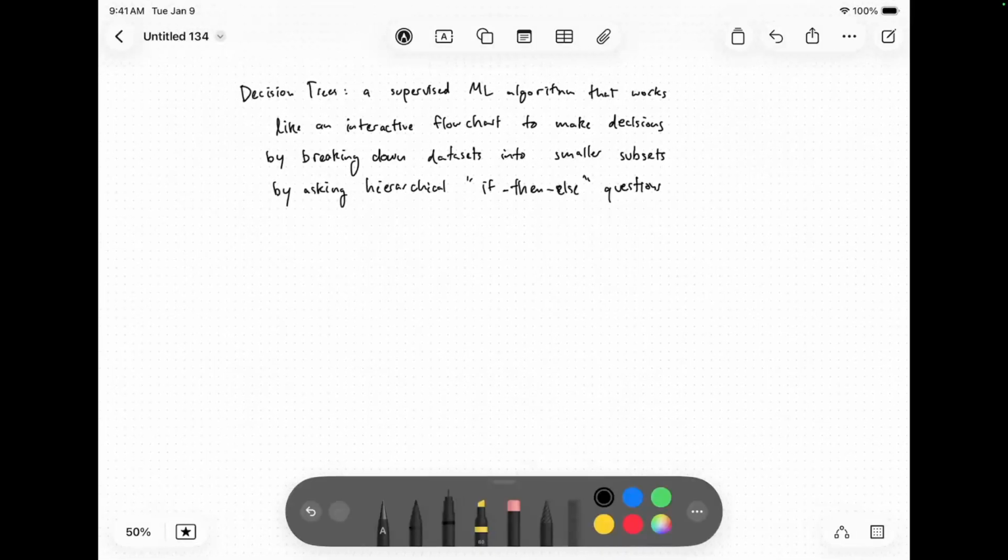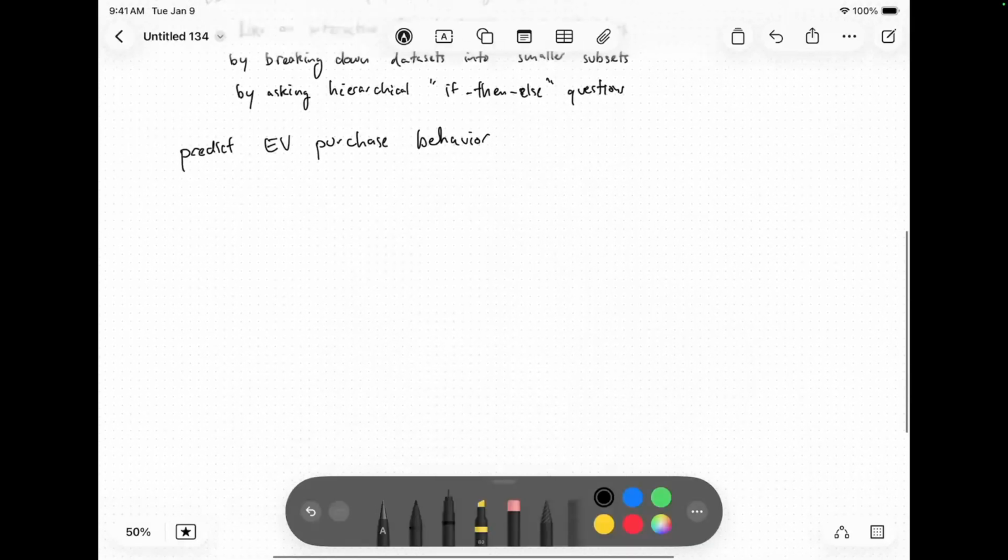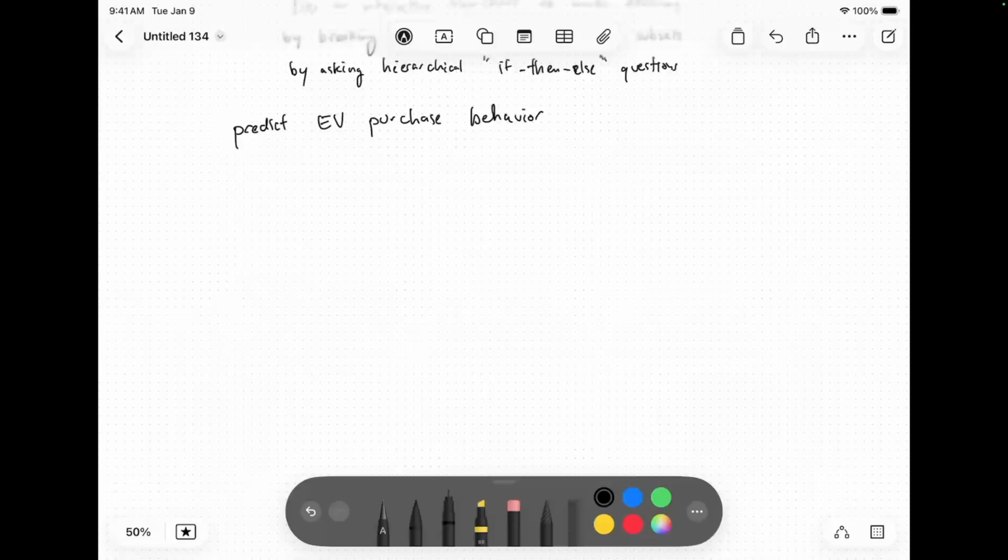So let's suppose I wanted to predict EV purchase behavior. I could first divide my data. So income, let's say, is greater than $75,000. If yes, then we'll do something. If no, maybe this will predict no EV. Okay.